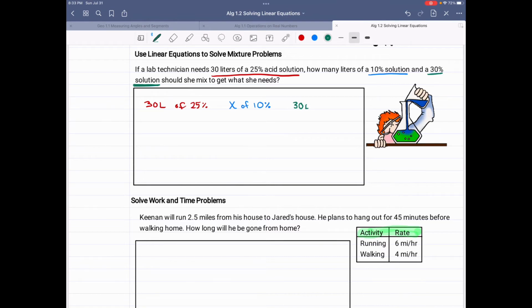So we have 30 liters, and we're going to have to take away X from that before we multiply it by the 30% solution. Okay? And these are going to be added together, the 10% solution and the 30% solution, to equal 30 liters of a 25% solution.